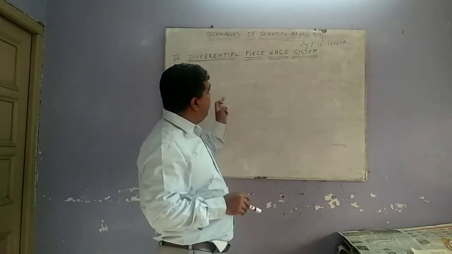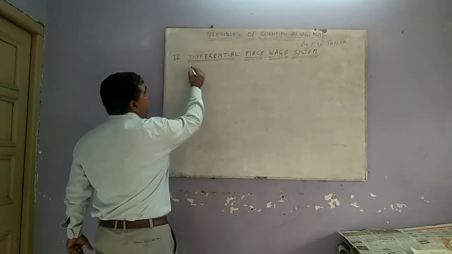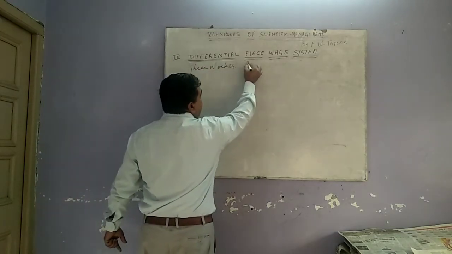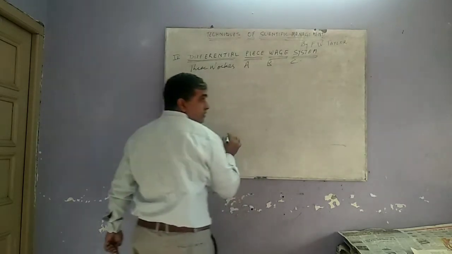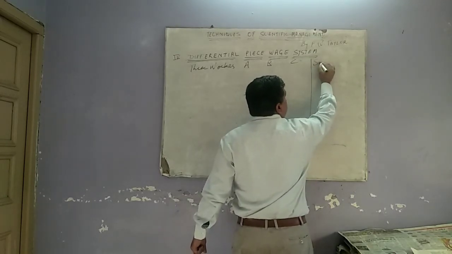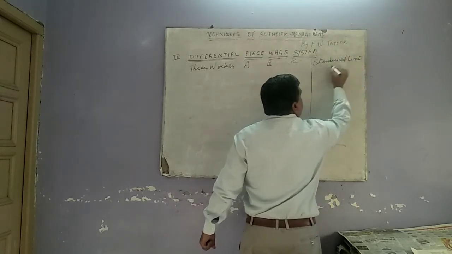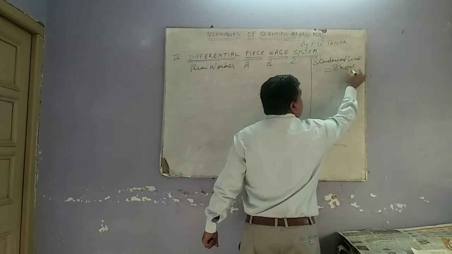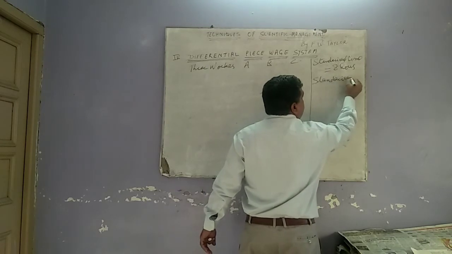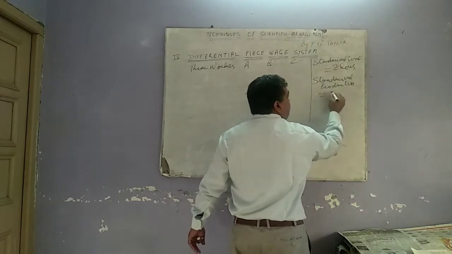Let us discuss this technique with the help of one example. Suppose there are three workers, A, B, C, and we have standardized time, let it be 8 hours, and standardized production, let it be 200 units.